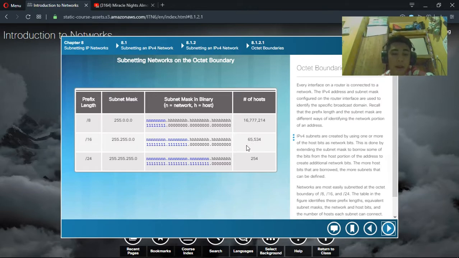and the number of hosts is 16,777,214. The IP address with a prefix length of 16 has a subnet mask of 255.255.0.0, a 16-bit network and also a 16-bit host. Then the number of hosts is 65,534.